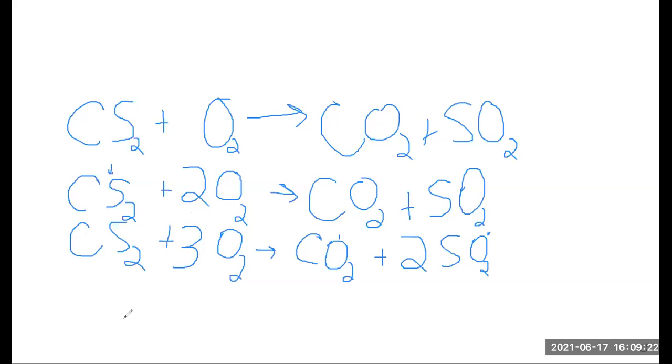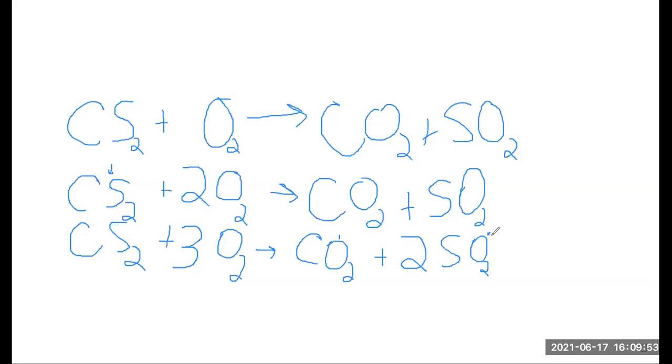So 1 carbon, 1 carbon, 2 sulfurs in the CS2 molecule, and I have 2 because there's a 2 out in front of my SO2 on the right-hand side. 6 atoms of oxygen: on the right-hand side, I have 2 in my carbon dioxide and 2 times 2 in my SO2 molecules.